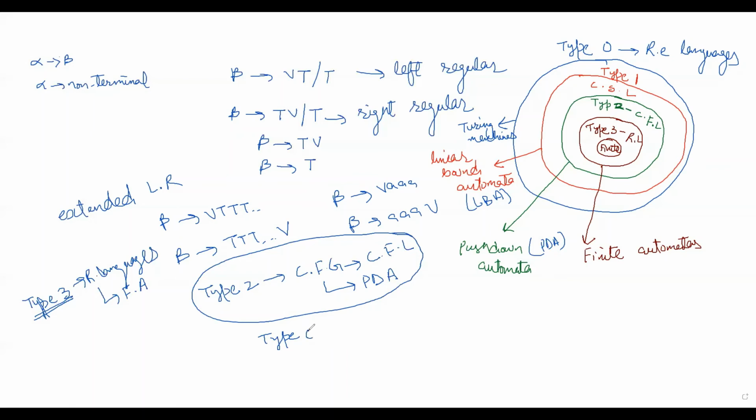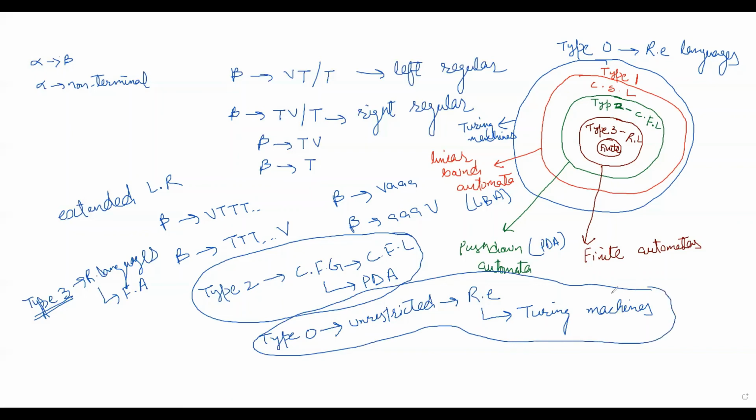But we will be discussing type 0. Type 0 is also called unrestricted grammar. And the languages generated are called recursively enumerable languages. And the mathematical model that recognizes recursively enumerable languages is called Turing machines. Okay, that is the second topic. So first, we will discuss context-free grammars, context-free languages, and push-down automata.